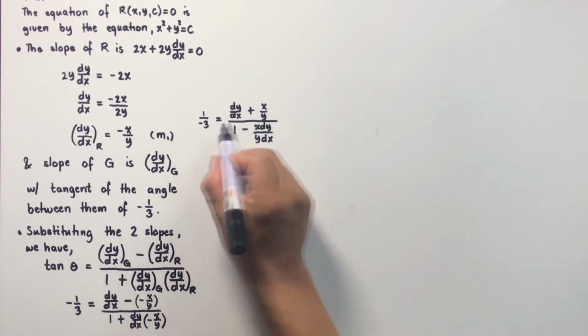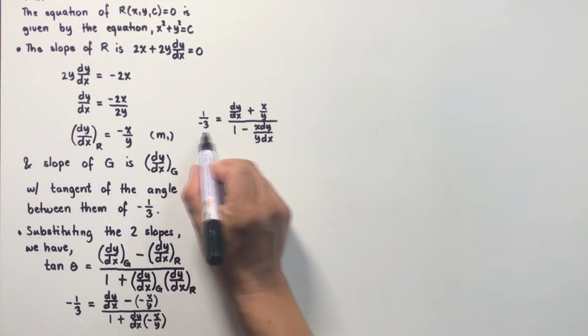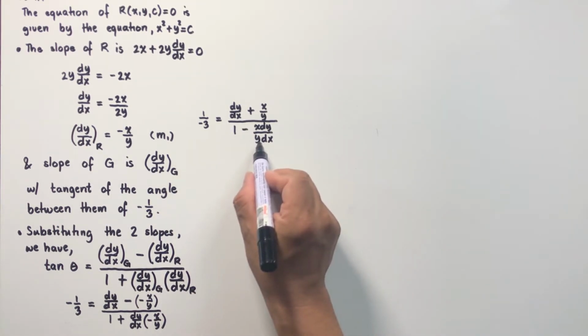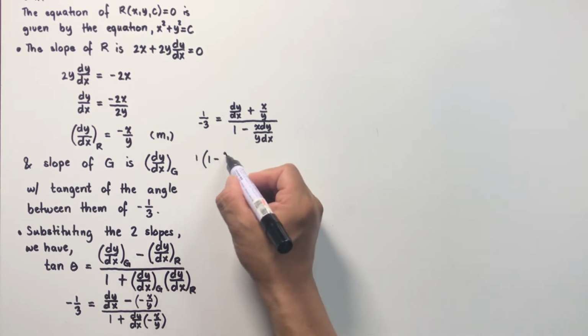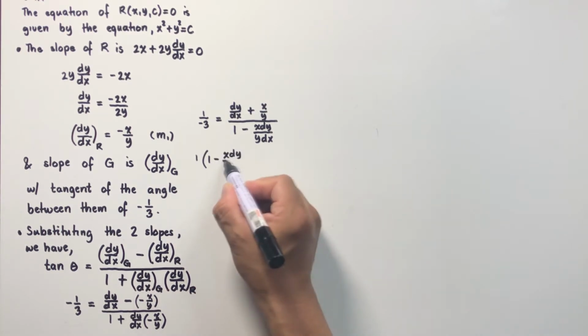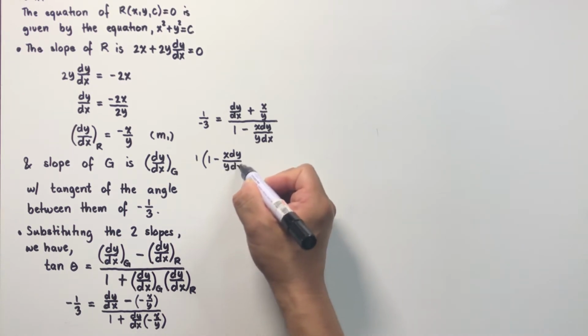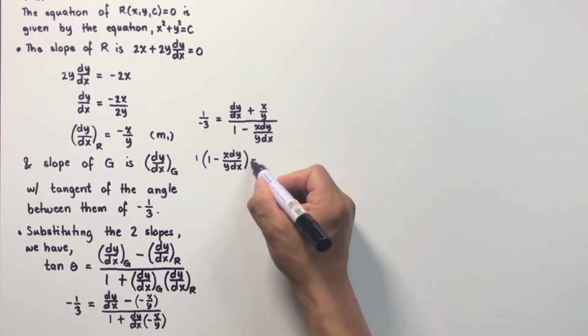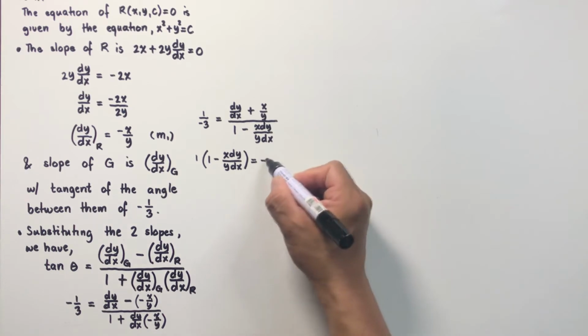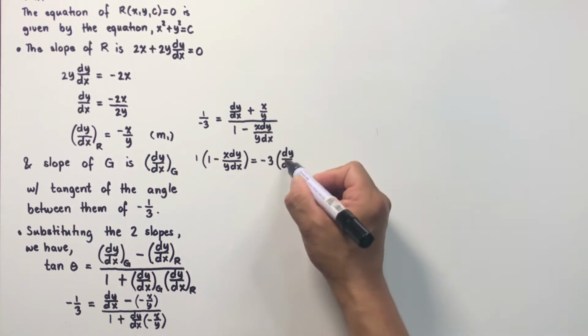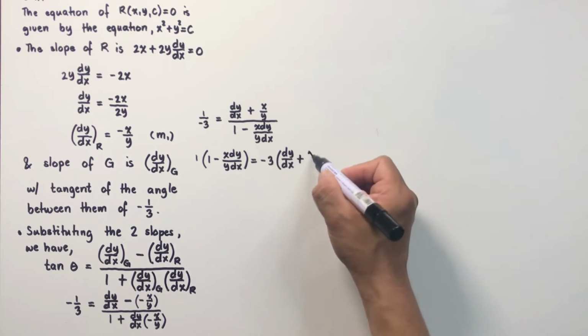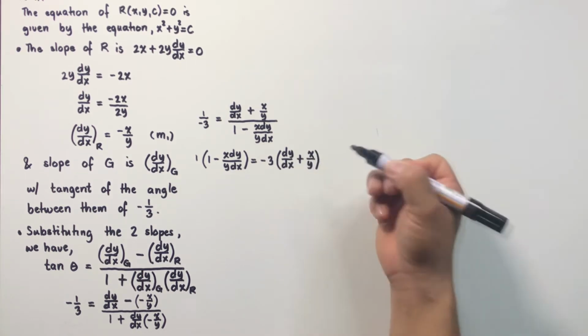And multiplying both sides of the equation by the product of these denominators here, we have 1 times 1 minus x dy over y dx. And this is equal to negative 3 times dy/dx plus x over y.